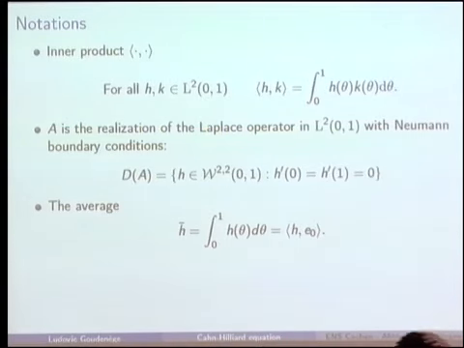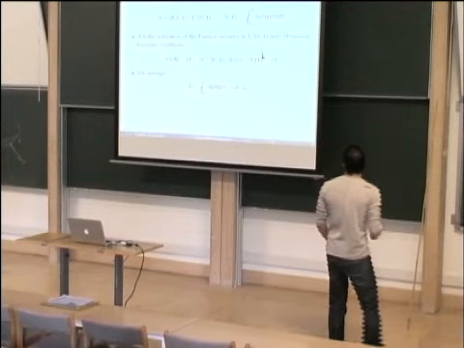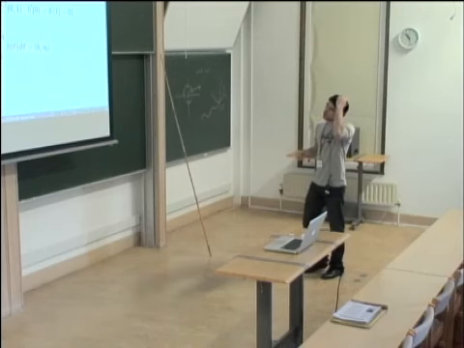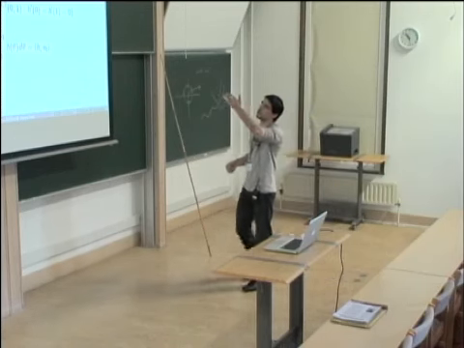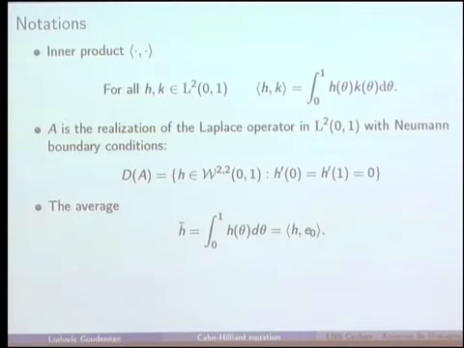Okay, so I will use some notation to rewrite my equation. So maybe you can have in mind just A is the realization of the Laplace operator with Neumann boundary condition. The space W22 is the classical Sobolev space.